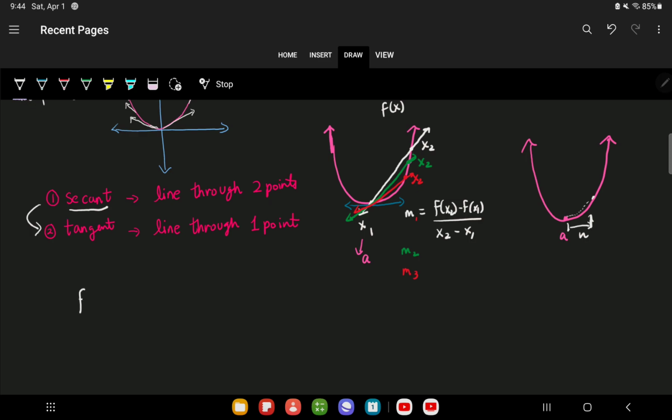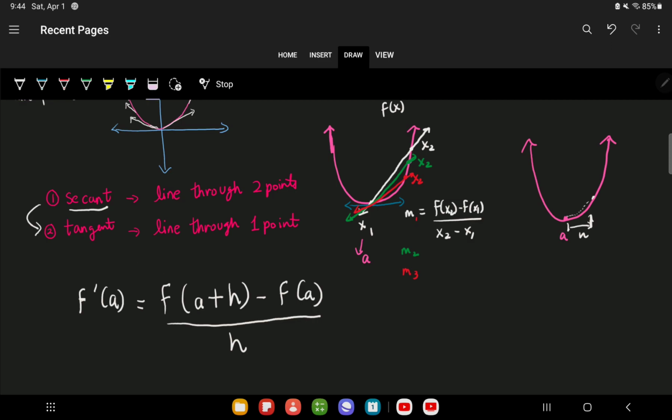So the derivative f prime at a, that's the derivative notation prime, is given by f of a plus h, you go to the right a little bit, that's your f of x2, minus f of x1, which is just at the point a, all over h. h is the difference between x2 minus x1.